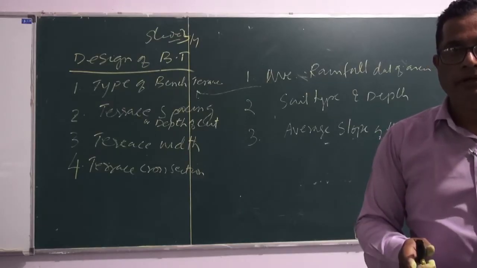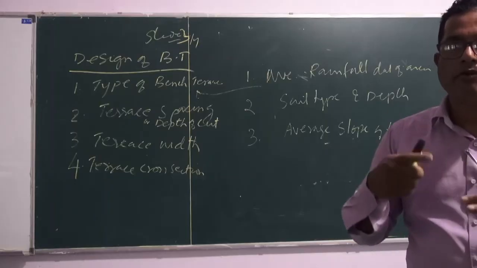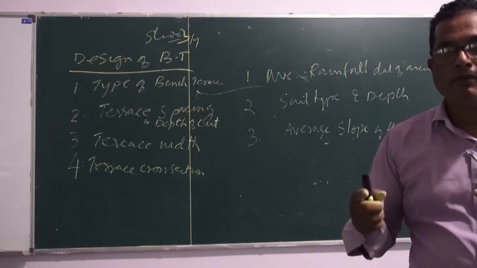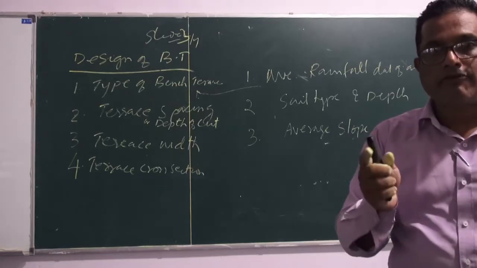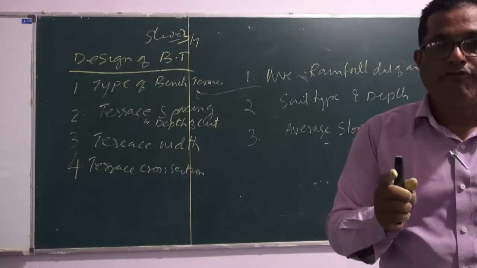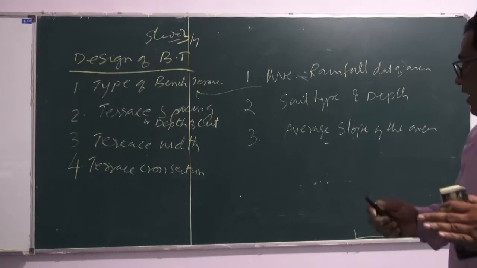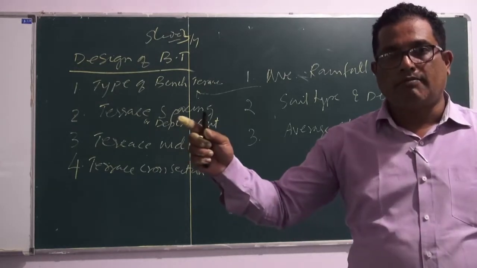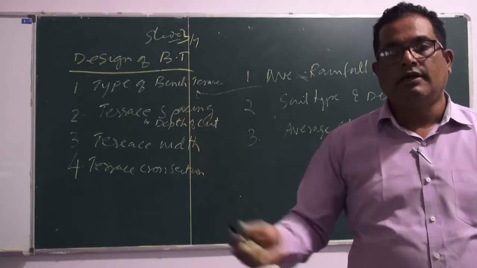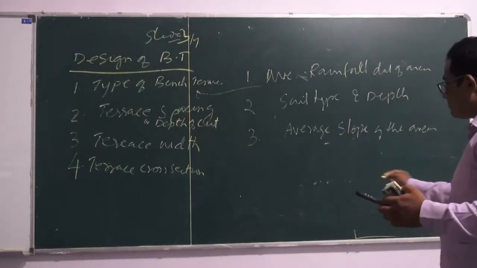More depth would be required. Then there would be some problem in the stability of the structures. But the steeper the land, the lesser will be the terrace width, and the milder the slope, the broader will be the terrace width.